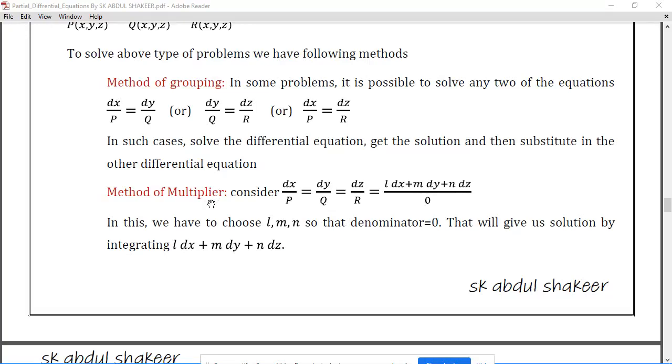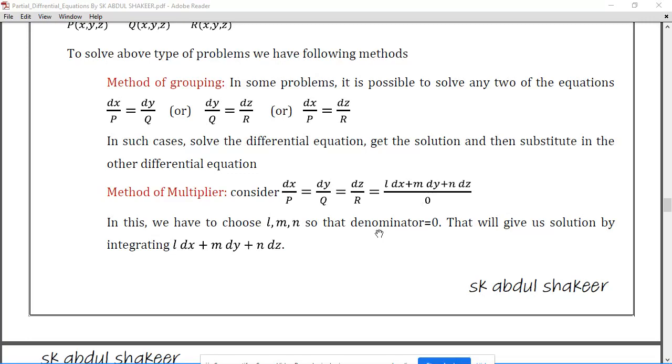Next one is method of multiplier. Consider dx by P equal to dy by Q equal to dz by R. In this case, we will take an extra fraction, that is l dx plus m dy plus n dz upon 0, where l, m, n are multipliers.